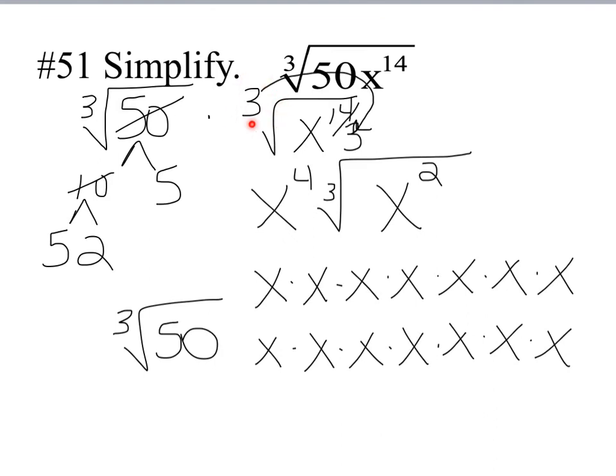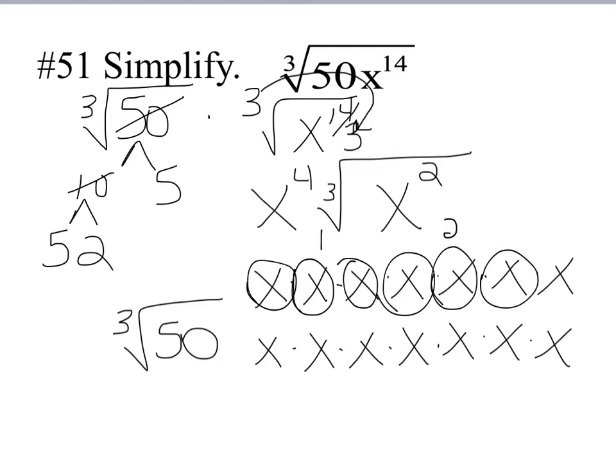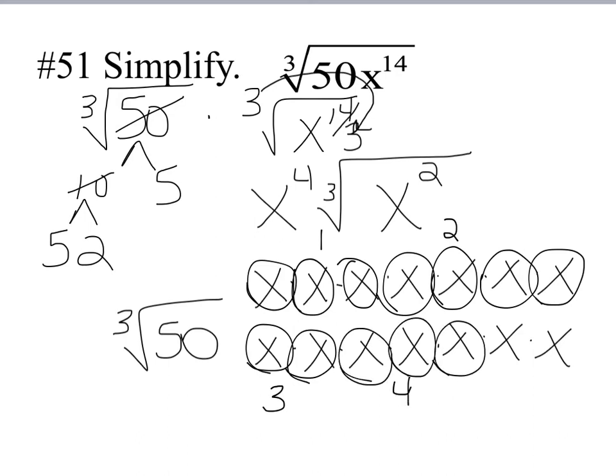Because my index is 3, I need 3 x's. So I'm going to say 1, 2, 3. That's 1 x I can bring out front. 1, 2, 3. That's 2 x's I can bring out front. 1, 2, 3. That's 3 x's I can bring out front. 1, 2, 3. That's 4 x's I can bring out front. And then the last 2 must go under my radical.